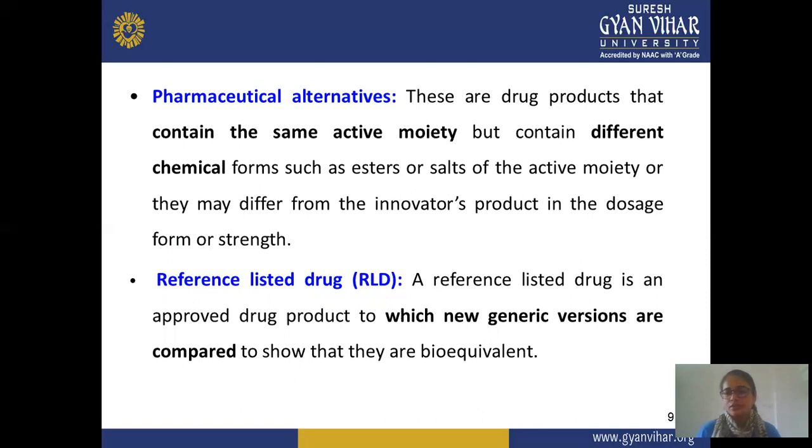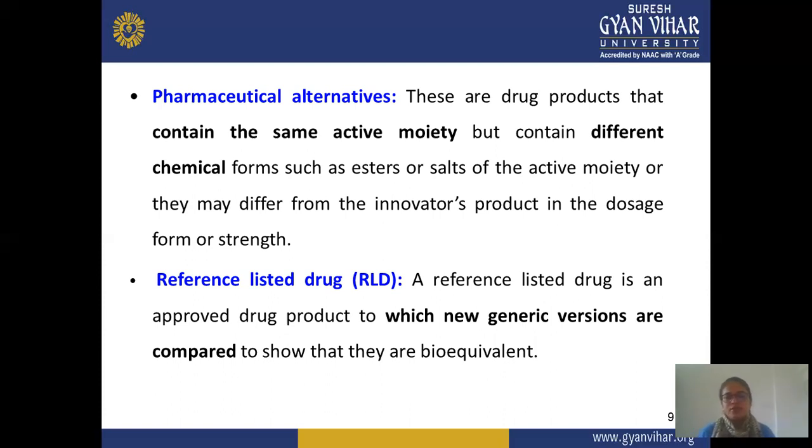Suppose one is using a normal drug and another is using a modified form of the drug, that is a salt form. So this is known as pharmaceutical alternative. The innovator may differ, and the dosage form and strength may also be changed. This condition is known as pharmaceutical alternative.